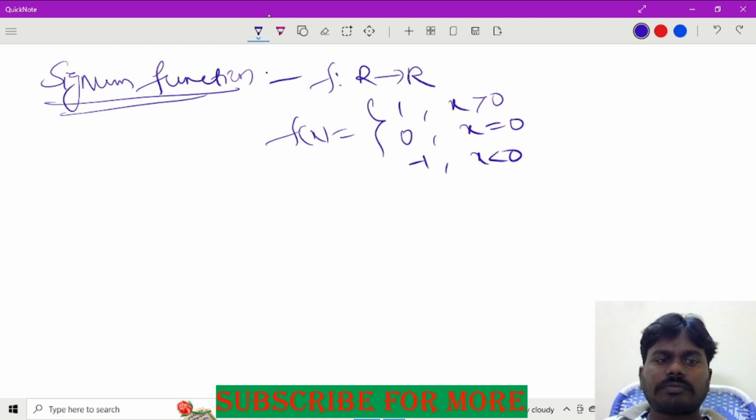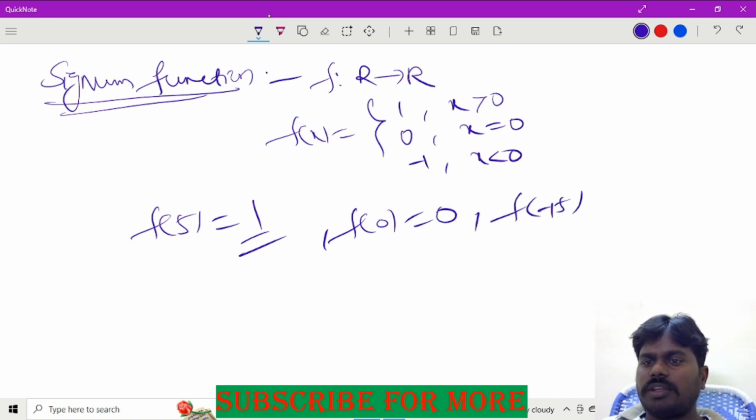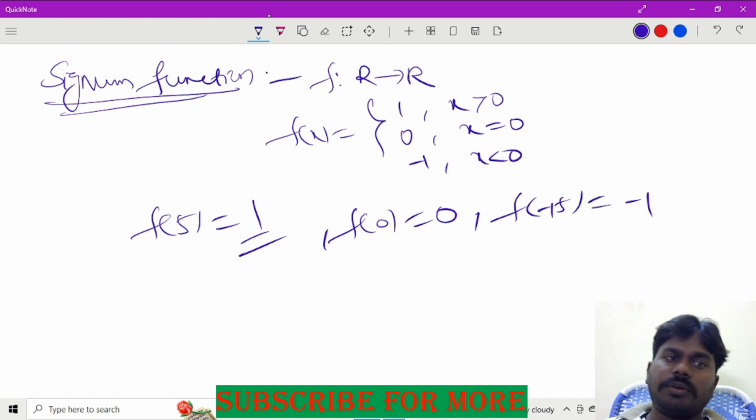So here suppose f of x equals 5. When I am taking 5, a real number, f of 5, here 5 is greater than 0, so this becomes 1. Suppose f of 0, when you are taking here, f of 0 means here 0. F of, suppose, minus 5 or minus 15 here I am taking, minus 15 is less than 0. So here minus 15 will become minus 1 according to the definition of the signum function.